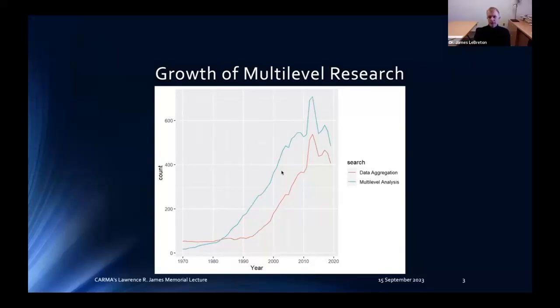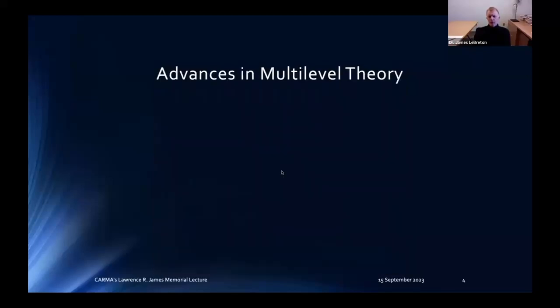These are intertwined in a deep way. And so what we've seen with the theory, measurement, design, and analysis in the multi-level space is huge advancements, really important advancements in theory.